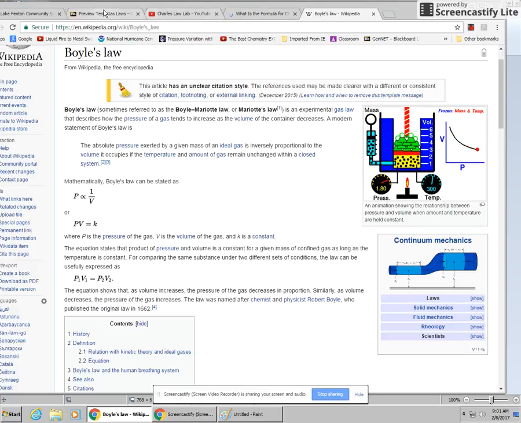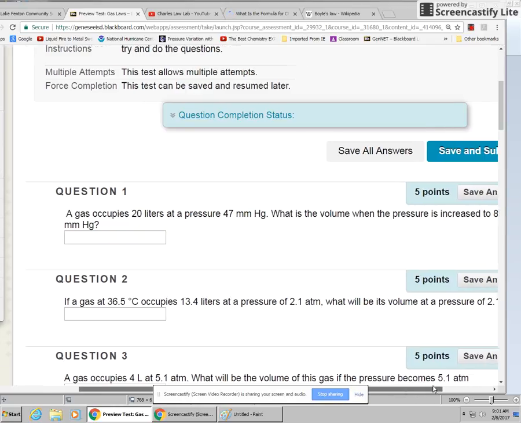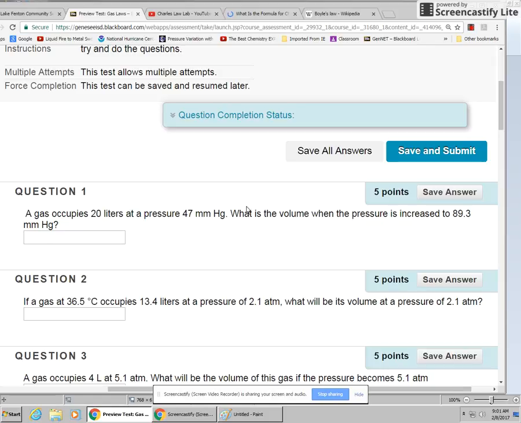Since you have your P1 and V1, and you've got the volume is what you're searching for, and the pressure is what's given, right? And that's 89.3 millimeters of mercury, which is what is used in a lot of atmospheric measurement.